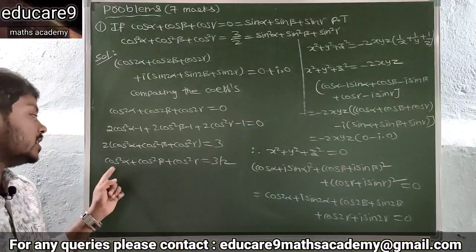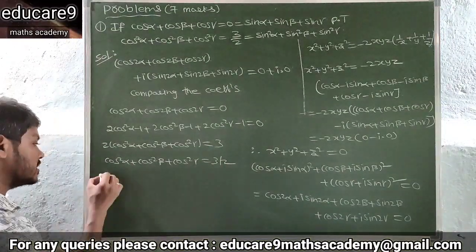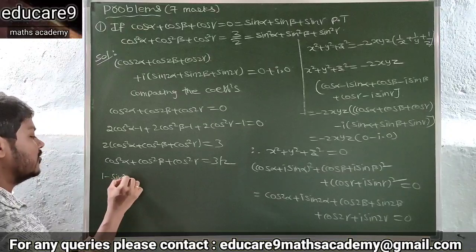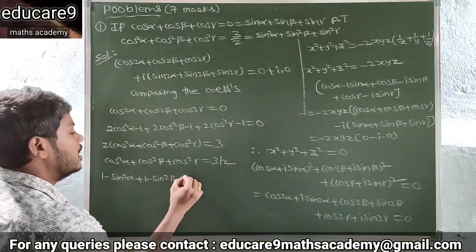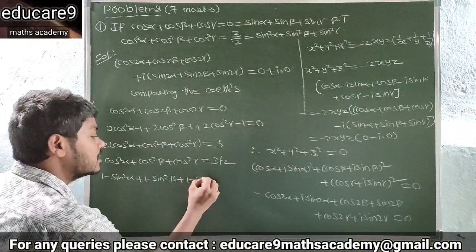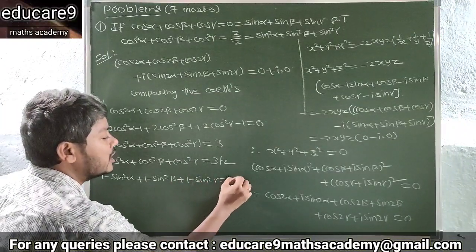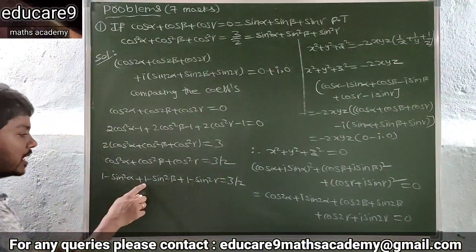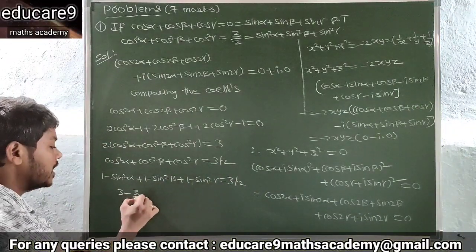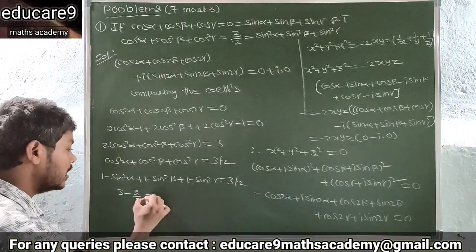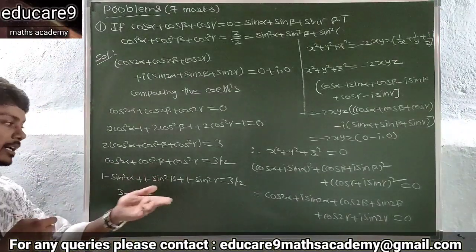Now this cos square alpha can be written as 1 minus sin square alpha, and here 1 minus sin square beta and 1 minus sin square gamma is equal to 3 by 2. So clearly this is 1 plus 1 plus 1, 3. 3 minus, and on the left side this 1, so it will become minus 3 by 2, and the remaining sin square terms go to the right side.